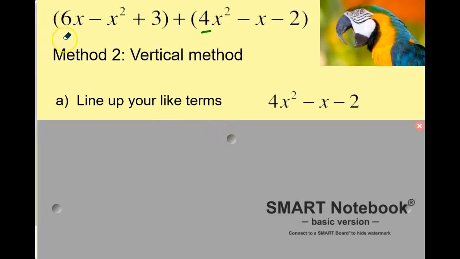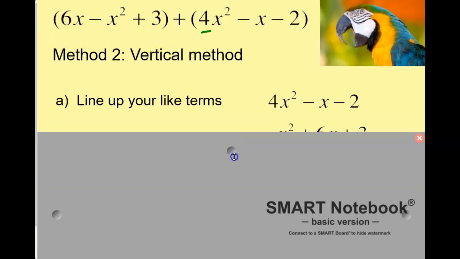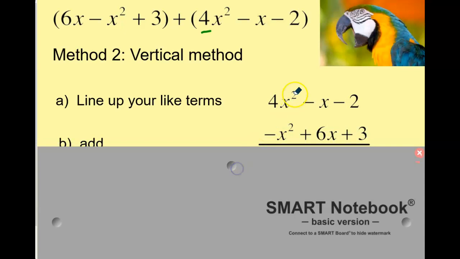Now I'm going to use this other one and I'm going to write it down, but when I write it, I'm going to put the degrees with the degrees. So x squareds go with x squareds. The single x's go with the single x's. The constants go with the constants. And now I can just add. And already I'll have it in proper degree order.